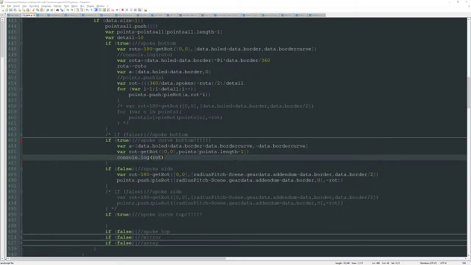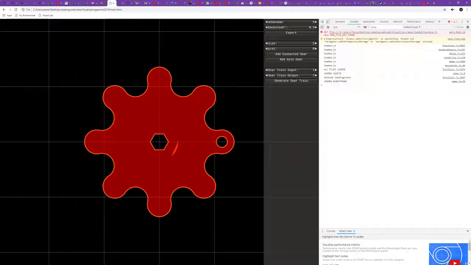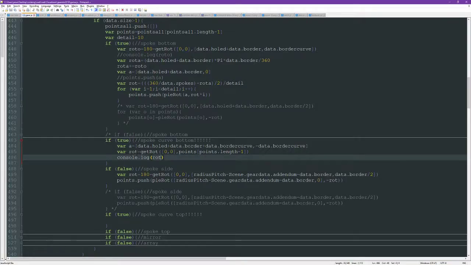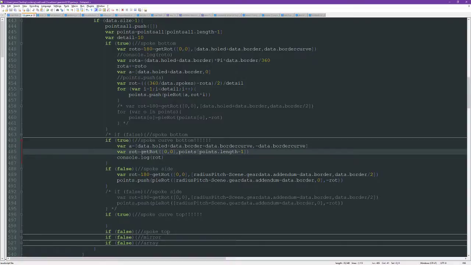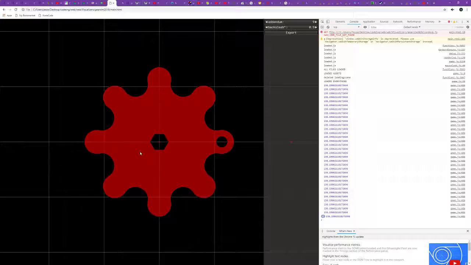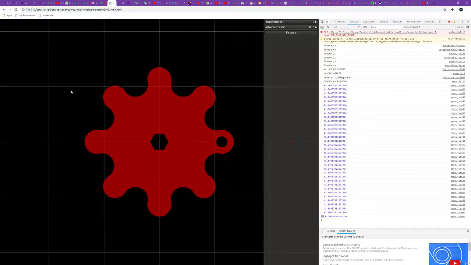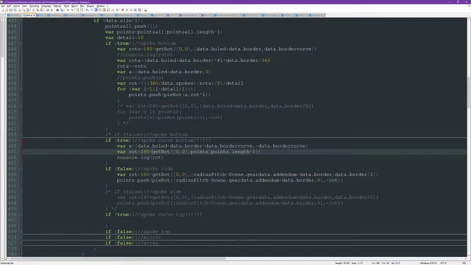How much should this rotation be? Who knows? Less than 60. Pick up. Oh. 180 minus. That's less than 60.